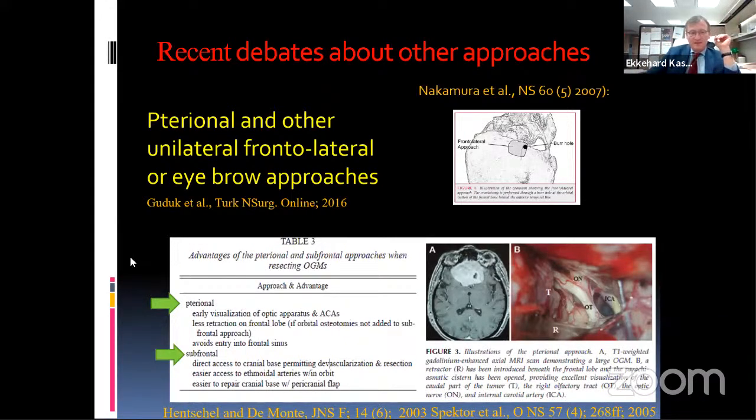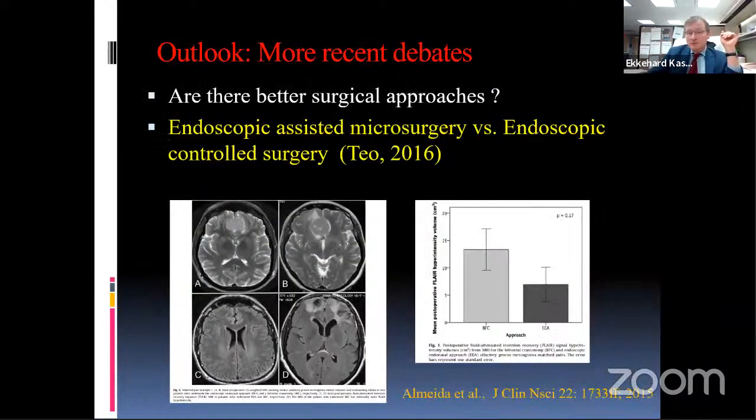The pterional approach helps you to really see the optic apparatus and the ACAs in a better way. So by combining the two, as I've shown you, you have both advantages and you stay on one side. Then more recently, there's a push towards doing everything minimally invasive.